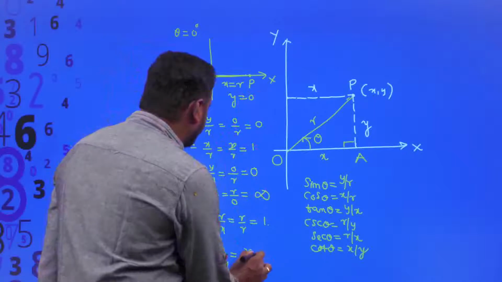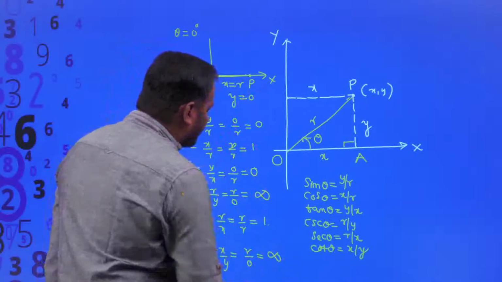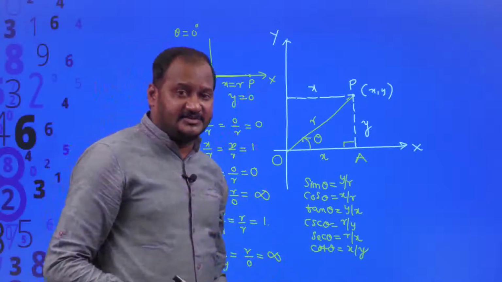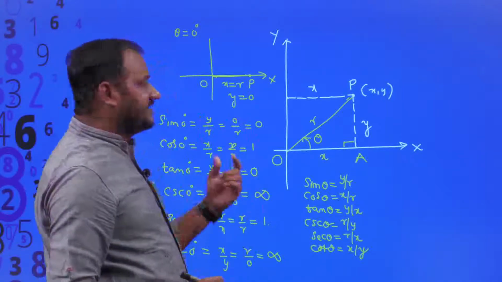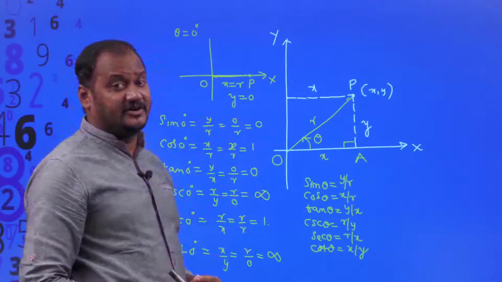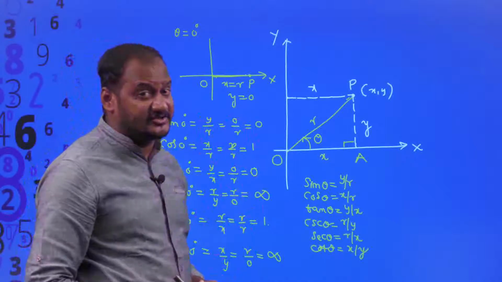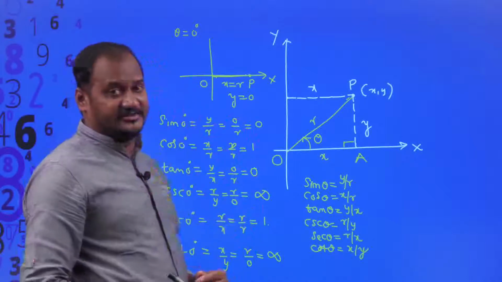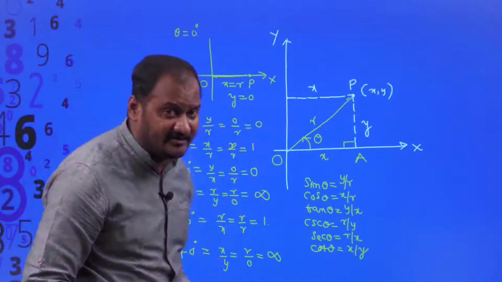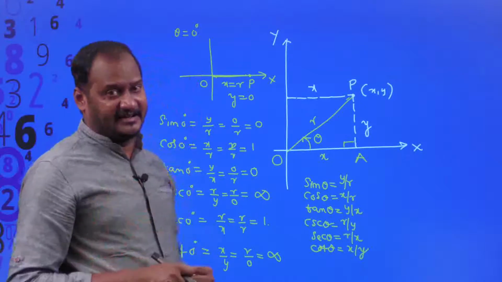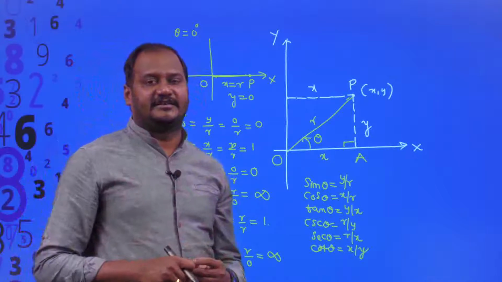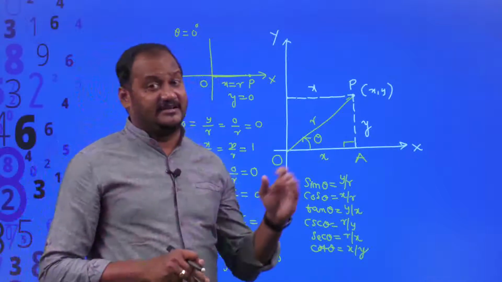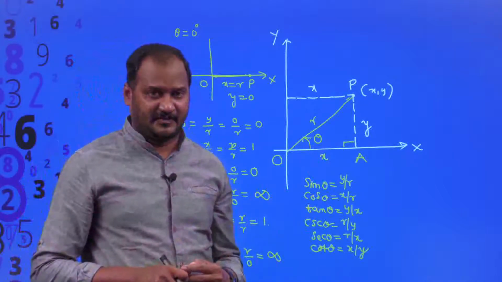So R divided by 0 again is undefined, because division with 0 is undefined. This way you can easily figure out the values of all trigonometric ratios at theta equal to 0 degrees, even though it is not available in a right angled triangle. If you understand the definition, you can easily figure out the values of any trigonometric ratio. Got it?